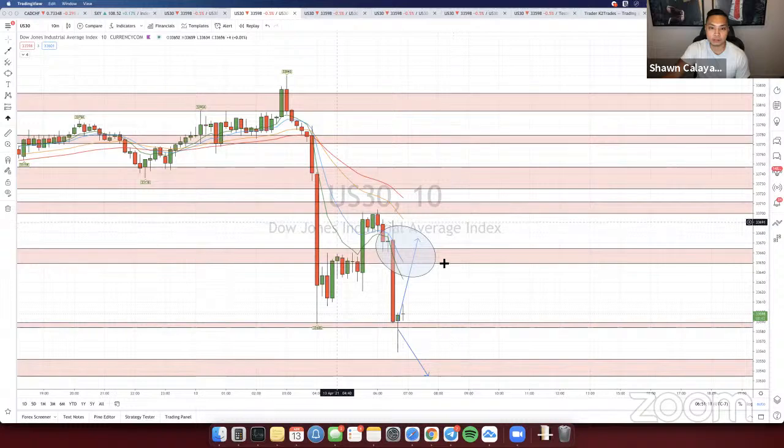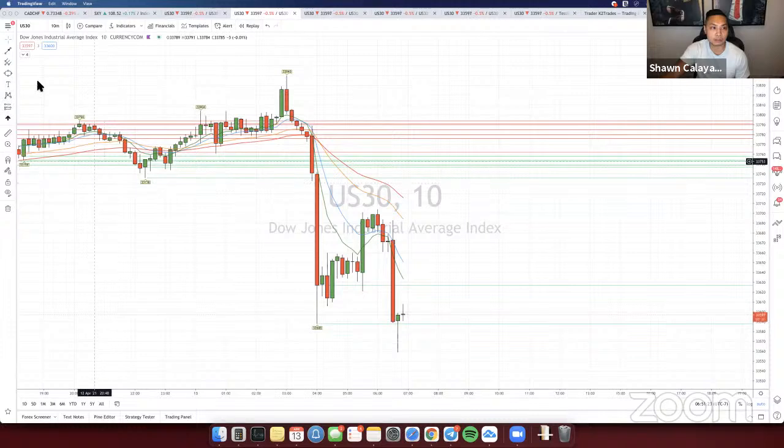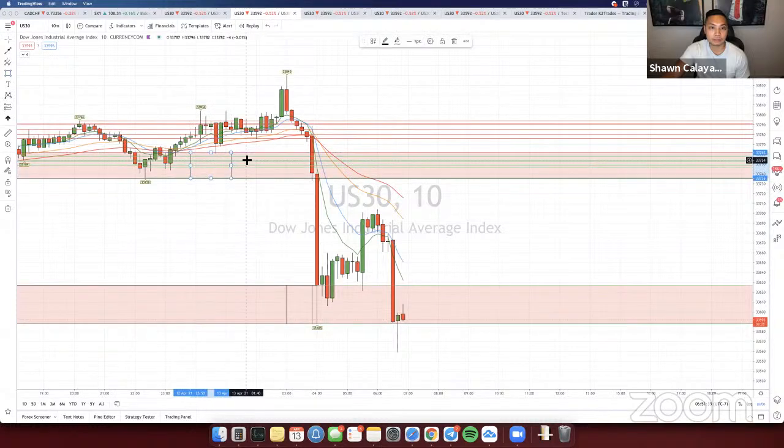So I don't think there are any snipe entries. Let me just redraw the zones here. I don't think there were any snipe entries that were available this morning. Let's see this real quick. Yeah, no snipe entries right here. Looks like the last snipe entry is probably above this area over here.